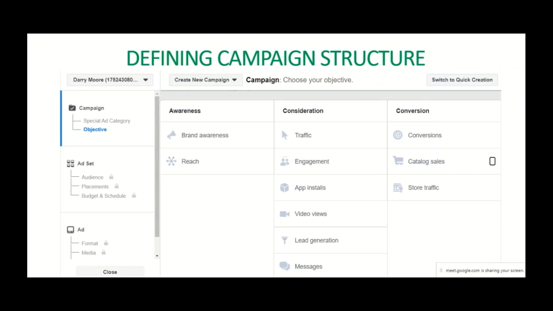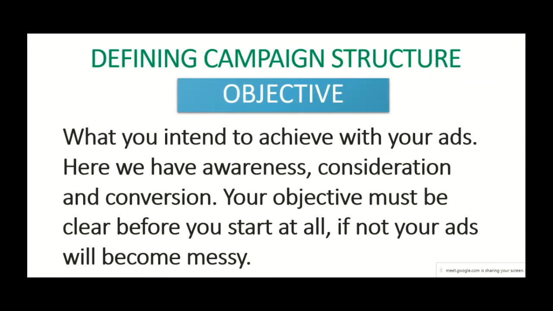This is what the Facebook campaign structure looks like. As you can see on your left here, you see the objective, then the ad set level, then your ad. We are going to define all these structures one after the other.